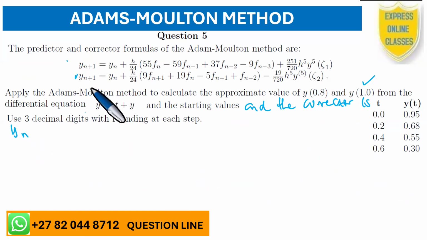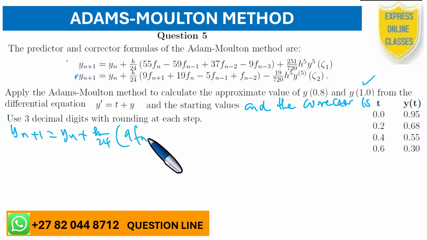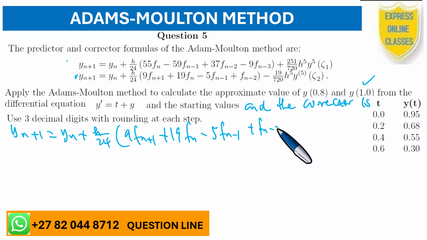The corrector is the second one, which is yn plus 1 equals yn plus h out of 24 times 9 fn plus 1, then we have 19 fn minus 5 fn minus 1 plus fn minus 2, which is the order. And we always leave out the order whenever we are to do substitutions.